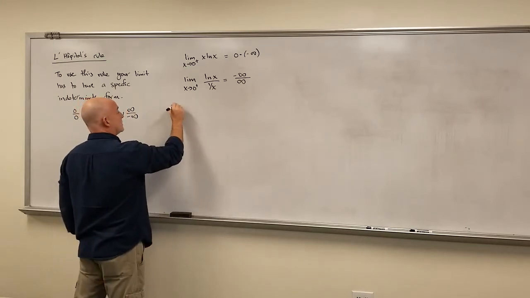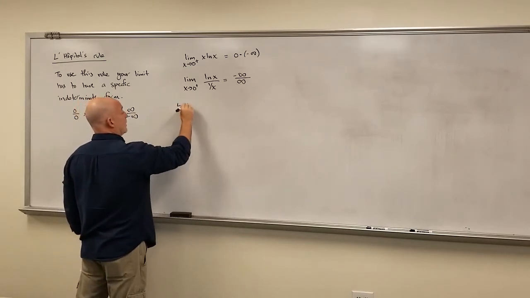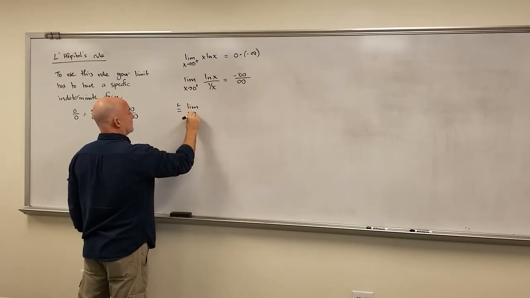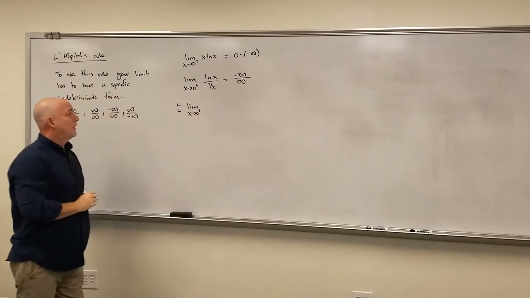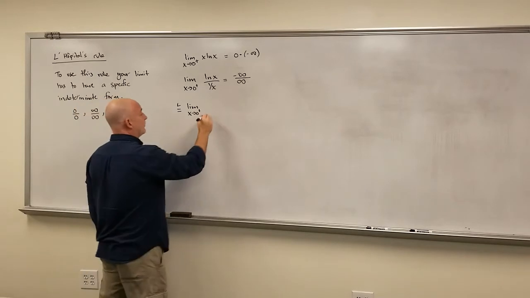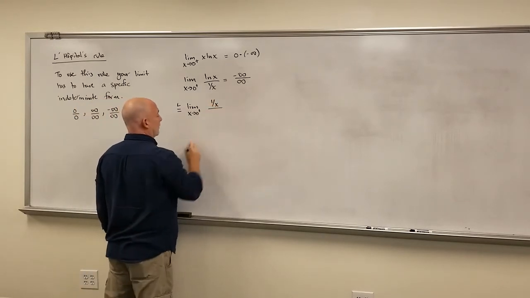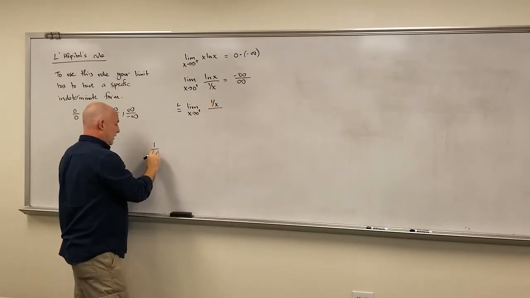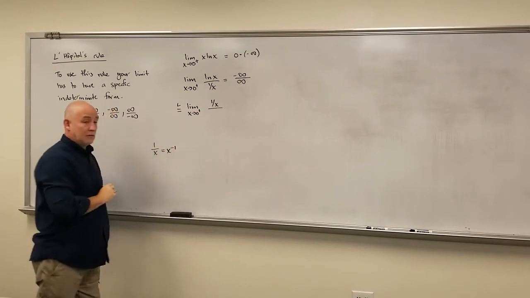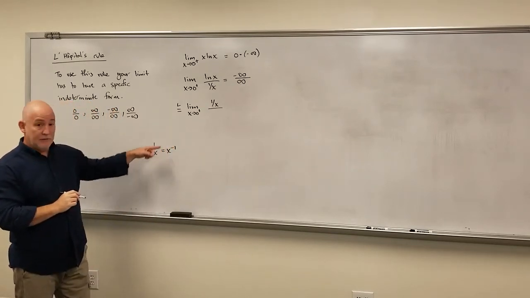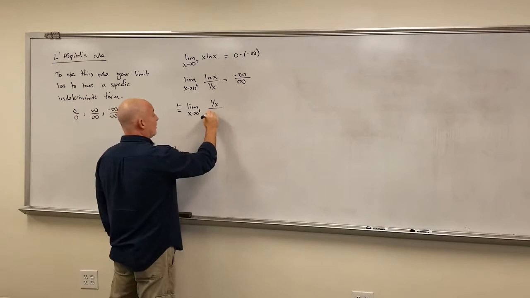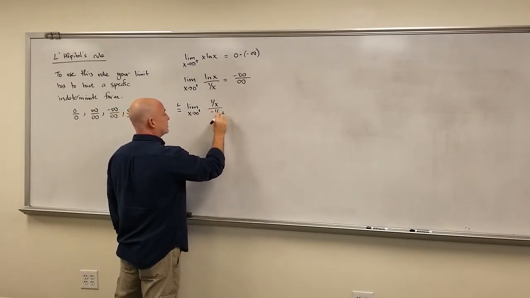So we can say this is equal by L'Hopital's to the limit as x goes to 0 from above. Now it's going to be the derivative of the top, so that's going to be 1 over x, all over the derivative of the bottom. Remember, 1 over x is really x to the negative 1 power, so the derivative of this, bring down the power, take 1 away from the power, will be negative 1 over x squared.